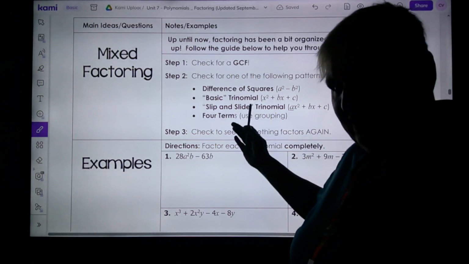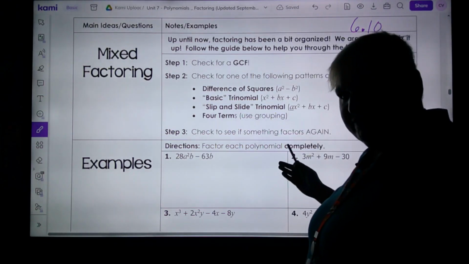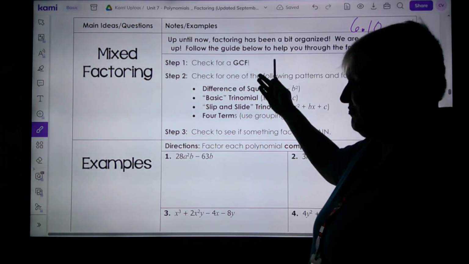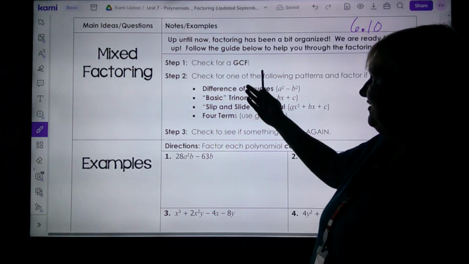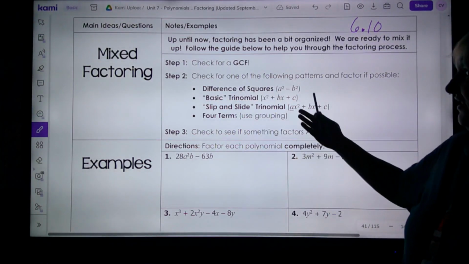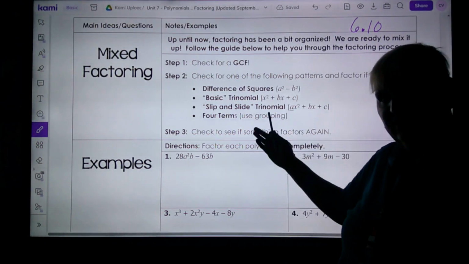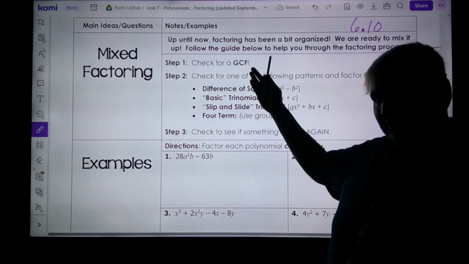Don't tell anyone else, but if you made it this far and you complete the mastery check for 6.10, I'll replace a major grade. Because this puts all the factoring together, so it can count as a major grade. Right? It's not going to be so organized. You're going to have to figure out what method works. You're going to have to check for a greatest common factor on every problem.